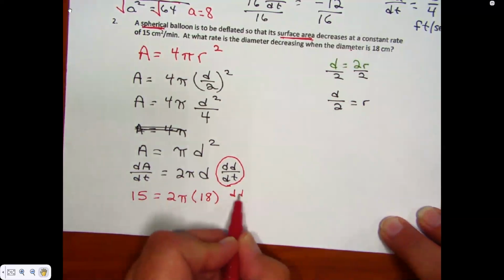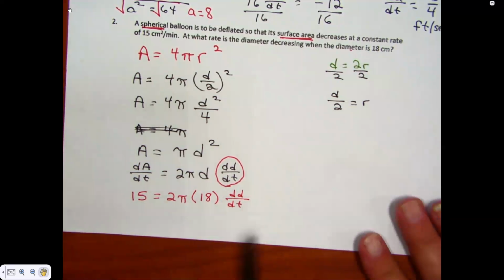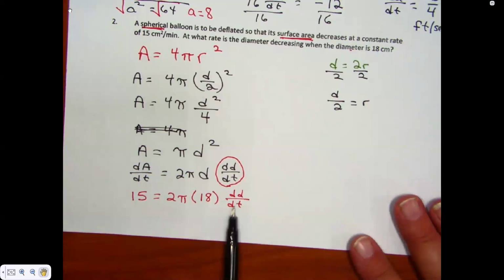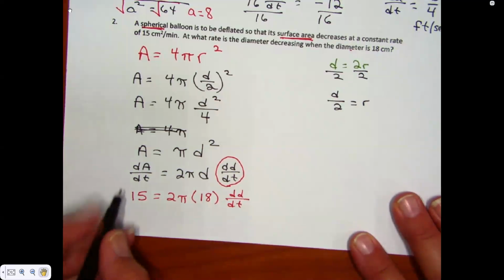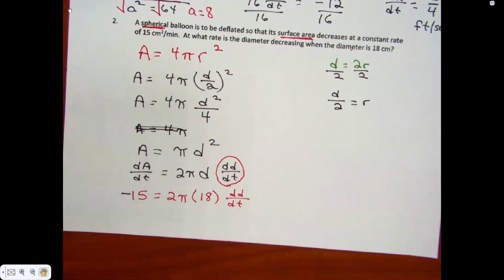Now, we should probably, and again, we can argue, if it's a rate, should it really be negative, things like that. But I just got it out of a book, so does anyone understand why this should be negative? Why would that 15 be negative?